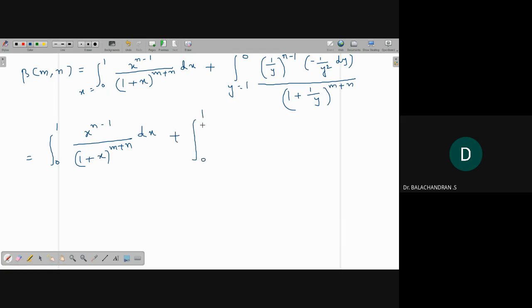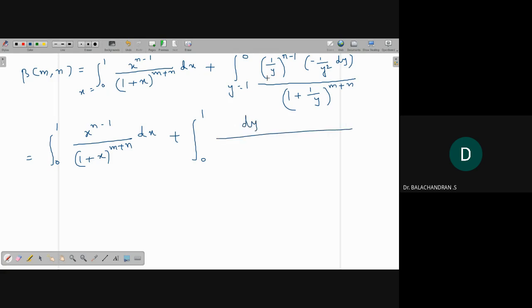For the denominator you have (y plus 1 by y) whole power m plus n. This y power m plus n goes to the numerator. I'll write this step by step.